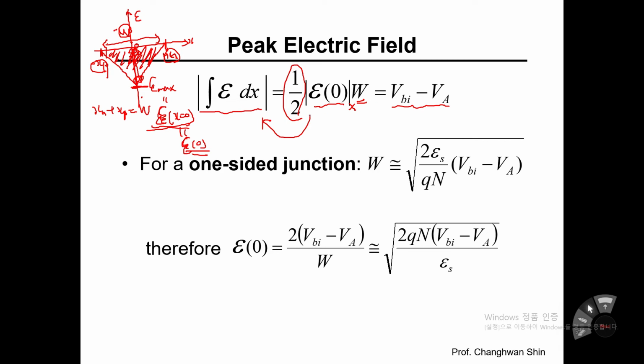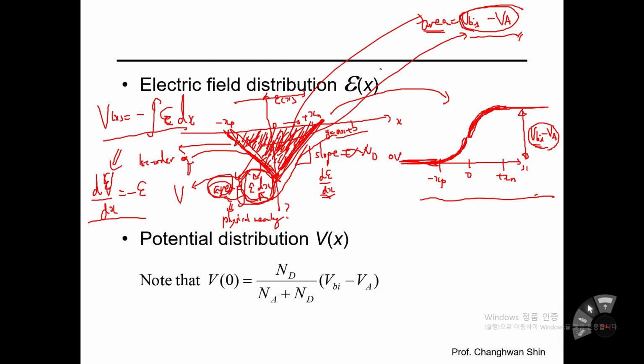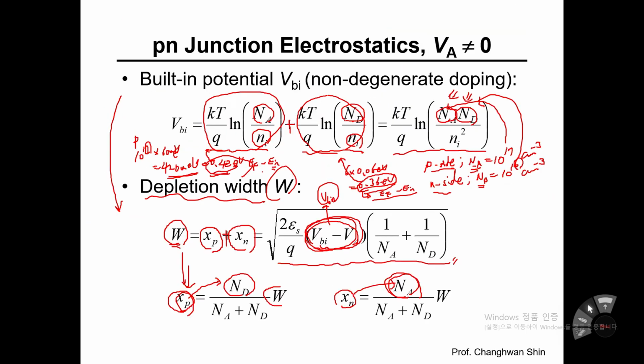Okay, so from this equation, once we know the doping concentration on p side and n side, we can estimate the VBI, and VA means how much voltage you have applied, so you know this value. And depletion width is very dependent on doping concentration. Going back to the last slide, there we go.